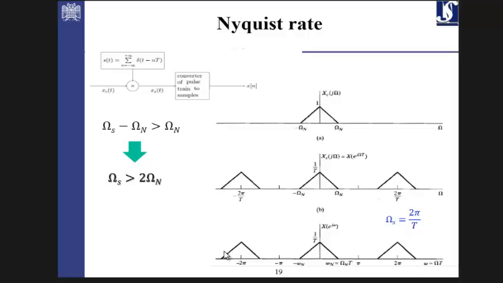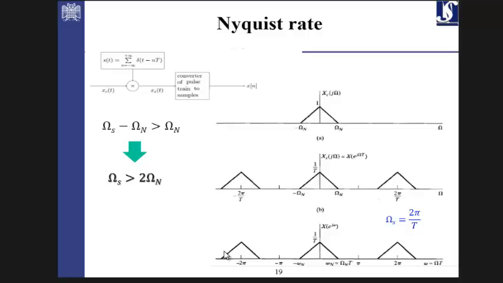Here you see this is ωN. Here is 0, here is 2π, so here should be 2π minus ωN. So 2π minus ωN should definitely be higher than ωN.